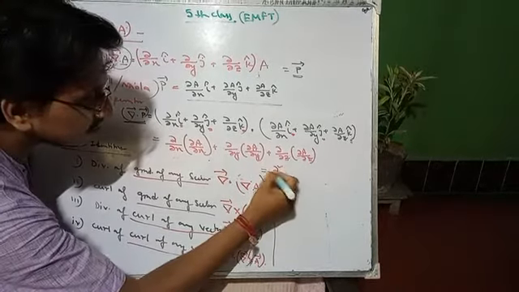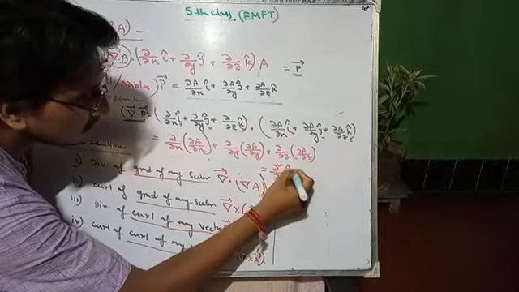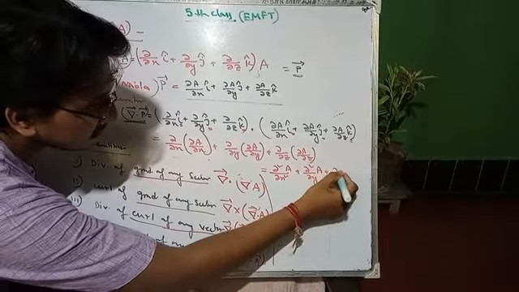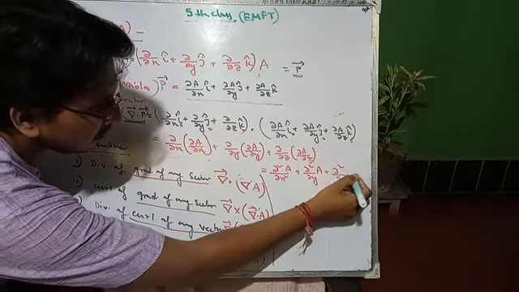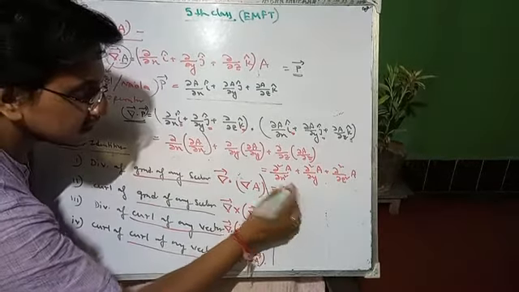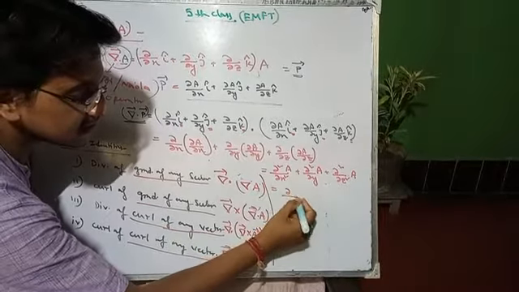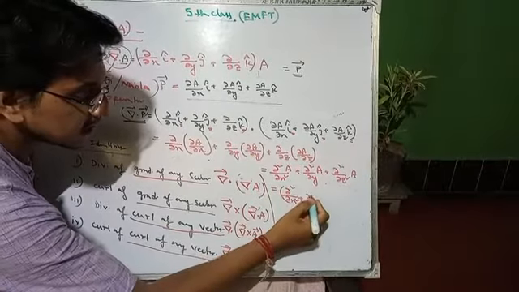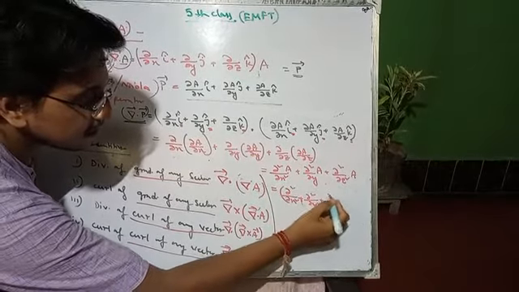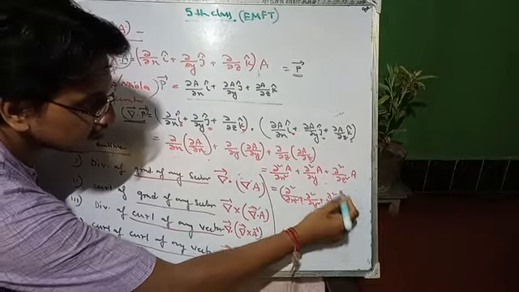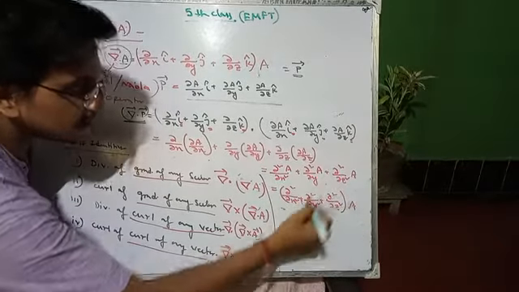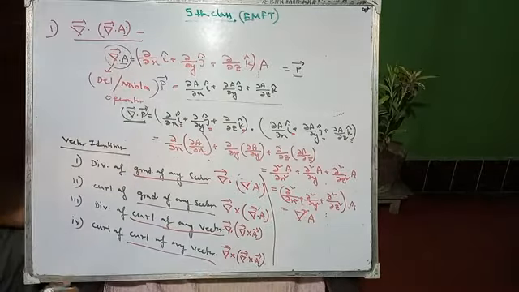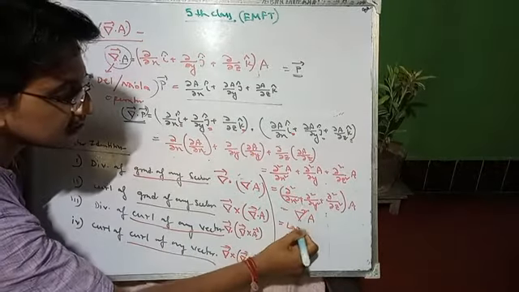So del 2 del x2 of a plus del 2 del y2 of a plus del 2 del z2 of a. If we take a common over here, then it will be del 2 del x2 plus del 2 del y2 plus del 2 del z2 over a. So this term is called Laplacian. Always remember, this is called Laplacian.